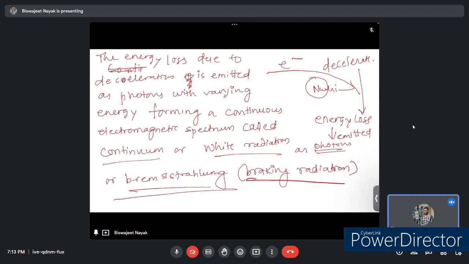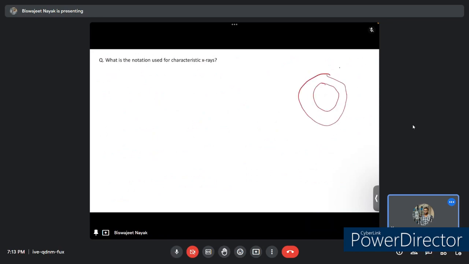As we know, different shells are given by K, L, M, and these shells are followed by a line group called alpha, beta.